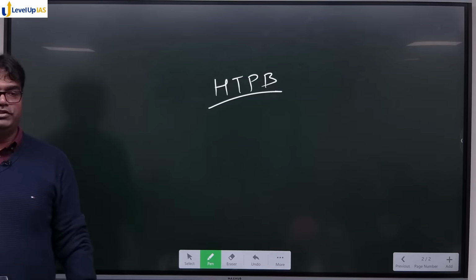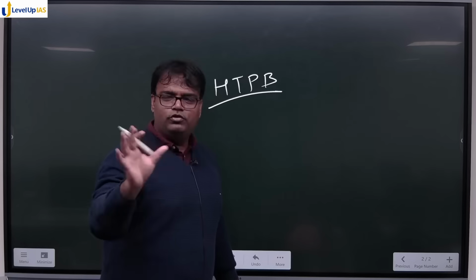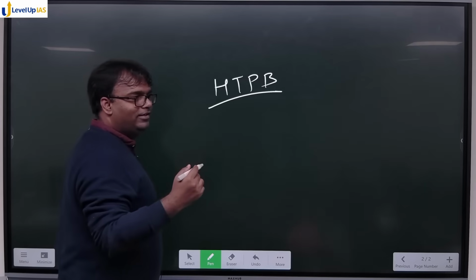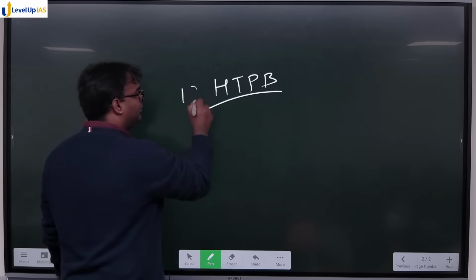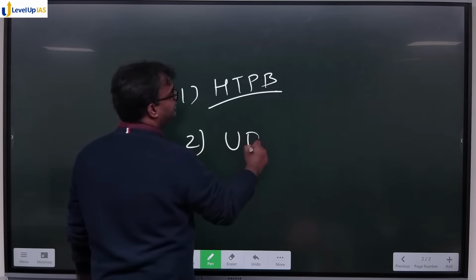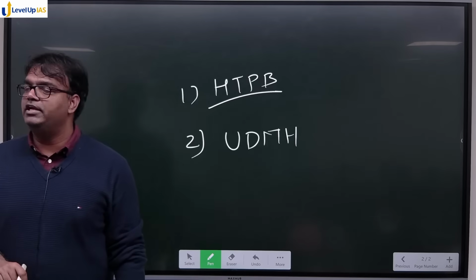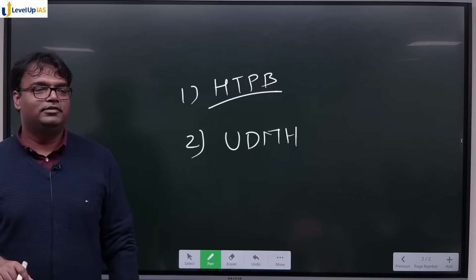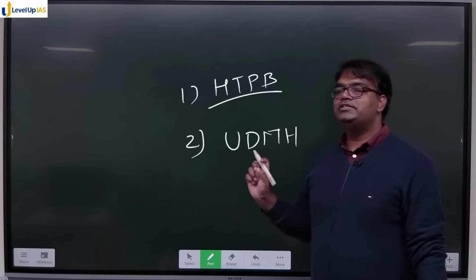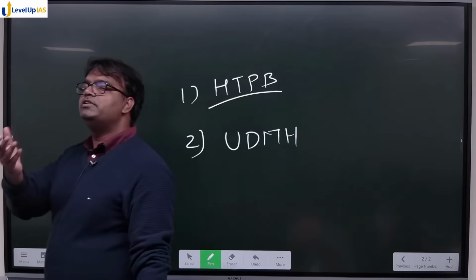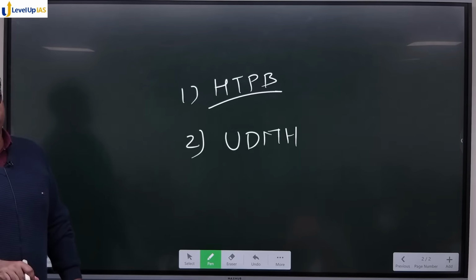Those who are interested can look up the full form themselves. In the liquid engine, the fuel that is used is UDMH, unsymmetrical dimethyl hydrazine. But again, only for those who are curious. UDMH is the liquid fuel used in the second engine, or some other form of methyl hydrazine is used in the liquid engine. Okay.